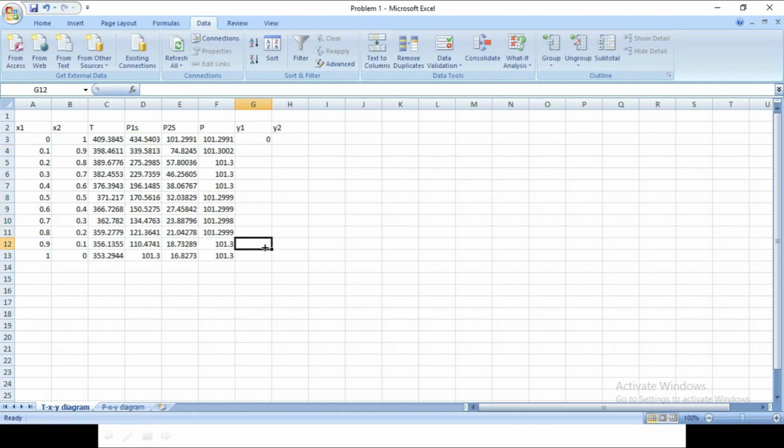That will be the formula for the entire column. Y2 will be 1 minus Y1. Copy the formula to the entire column.